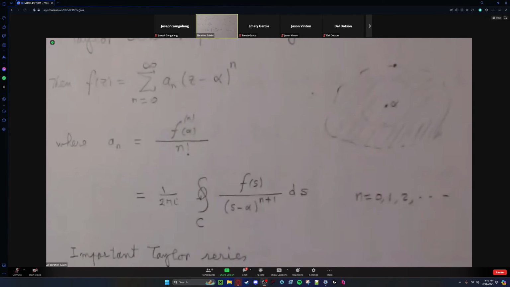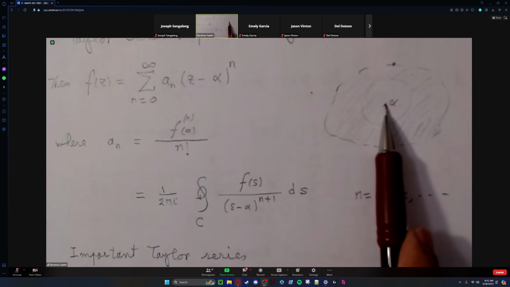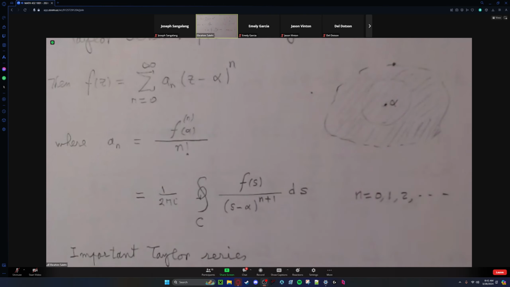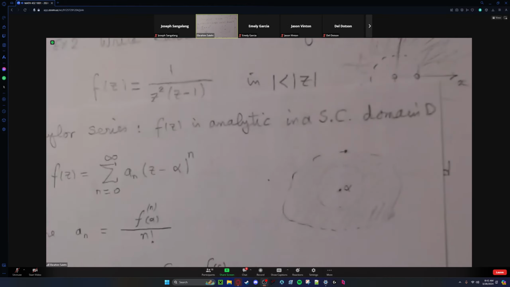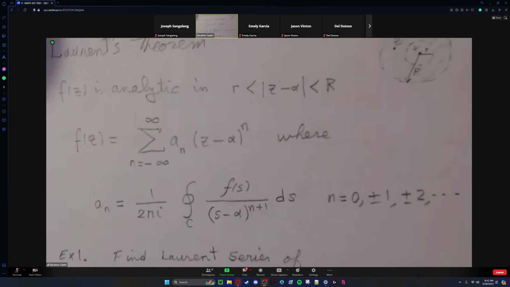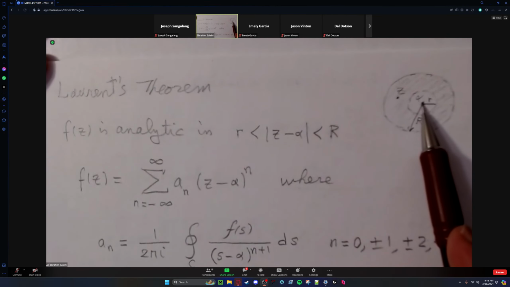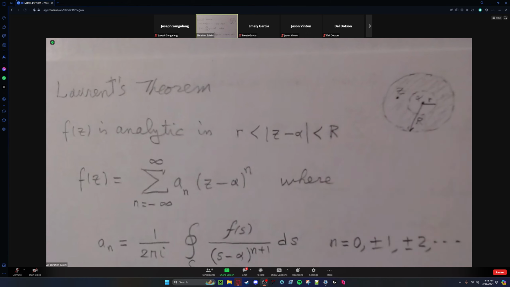So for the Taylor series, the function is analytic at that point. It's not a bad point. But when it comes to the Laurent series, that point is a bad point of the function. Can we have a power series representation for the function? Yes, we can. That is called the Laurent series.